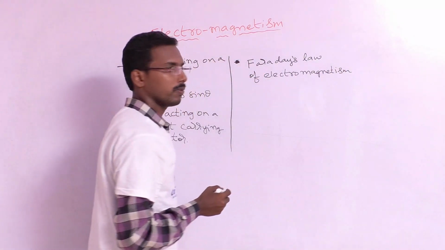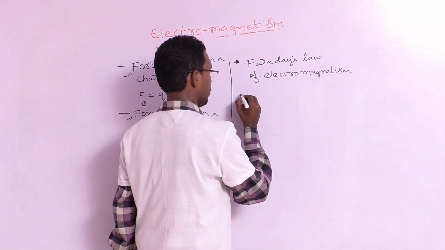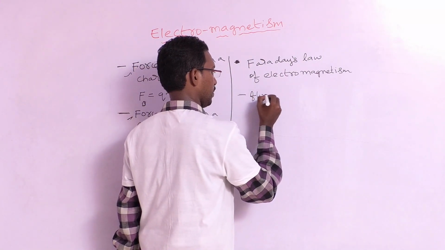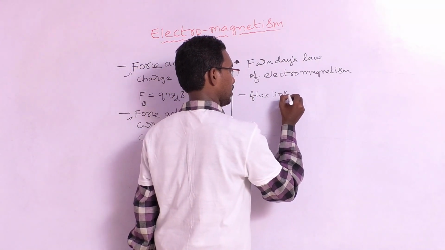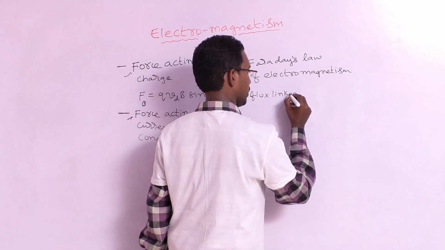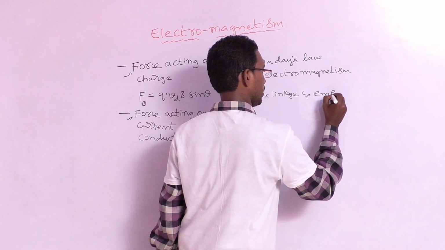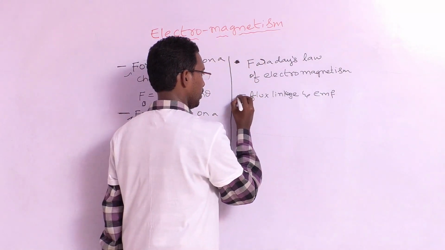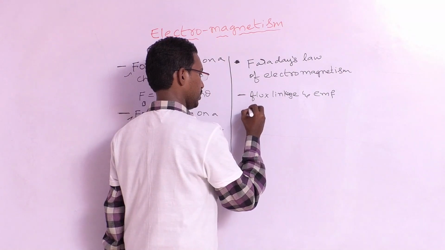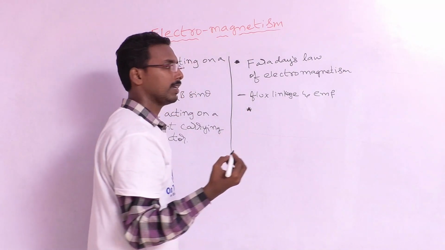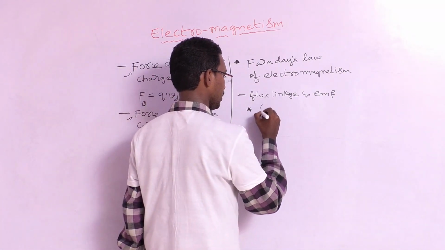This topic deals with the relation between flux linkage and EMF induced in the coil, EMF induction in the coil. And as a subtopic of this, we will deal with Lenz's law.